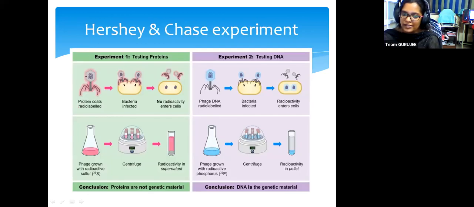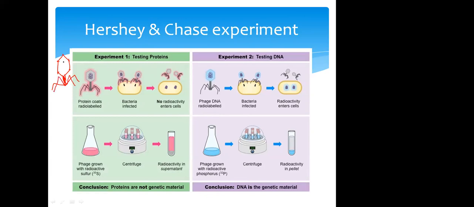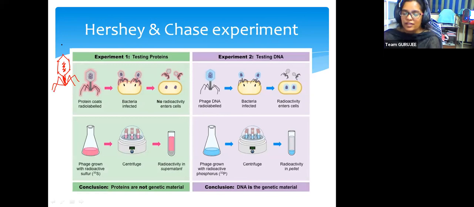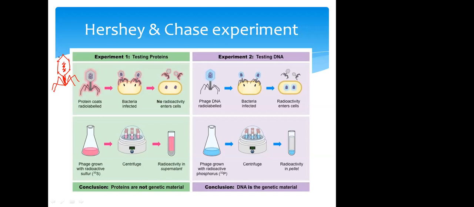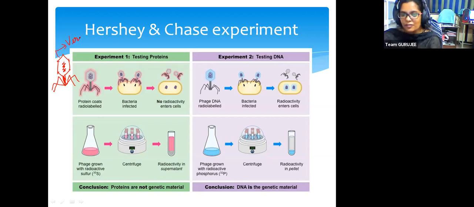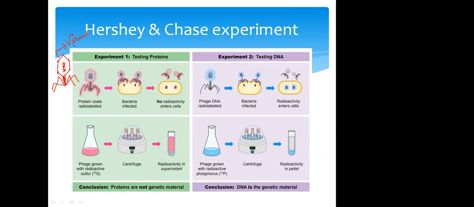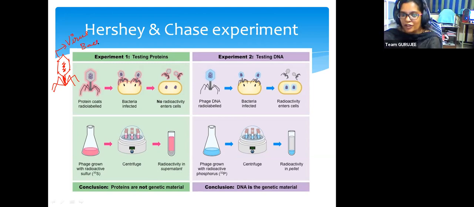What is this structure? It looks like a mosquito-like thing. It is a T4 bacteriophage. Is it a bacteria or a virus? It is a virus that infects bacteria, so that's why it's called a bacteriophage.